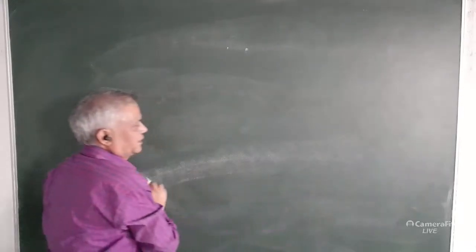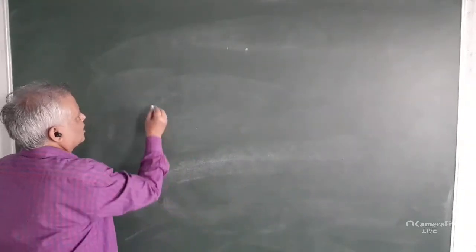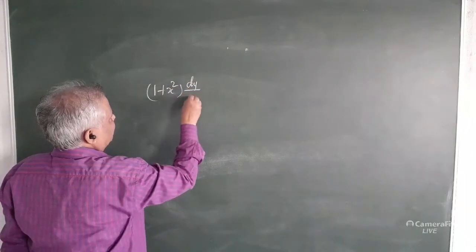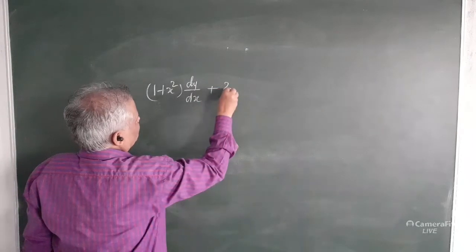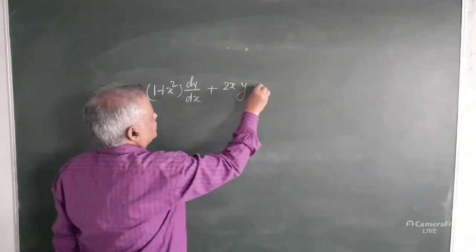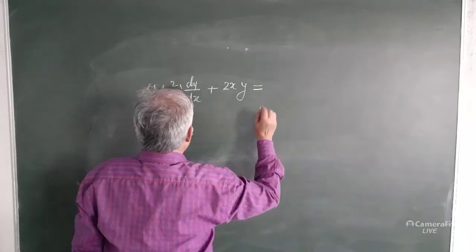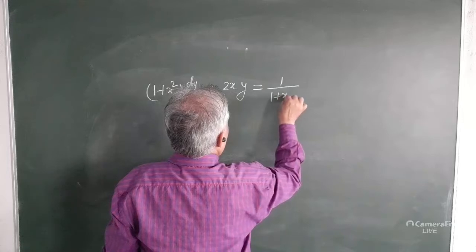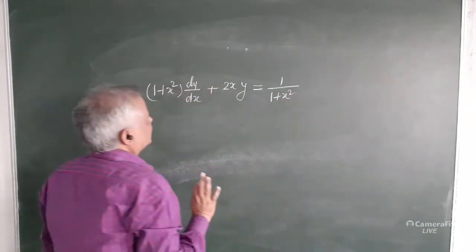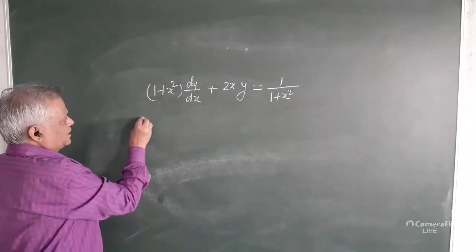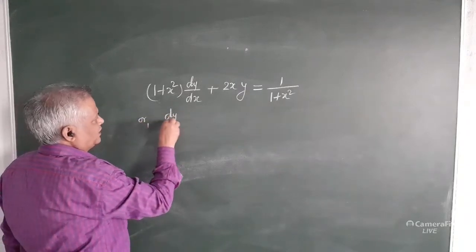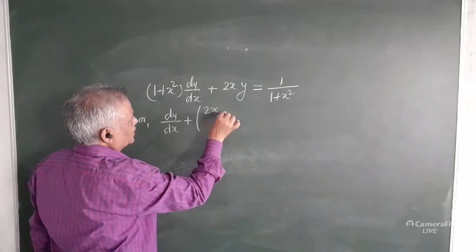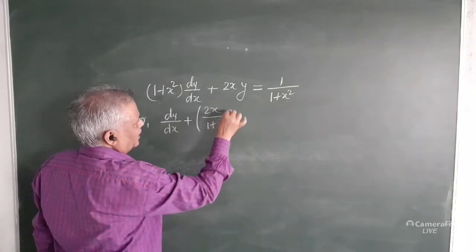Suppose we have (1 plus x square) dy by dx plus 2xy is equal to 1 divided by 1 plus x square. You see, this equation can be reduced to the linear form dy by dx plus py. What is p? 2x divided by 1 plus x square.